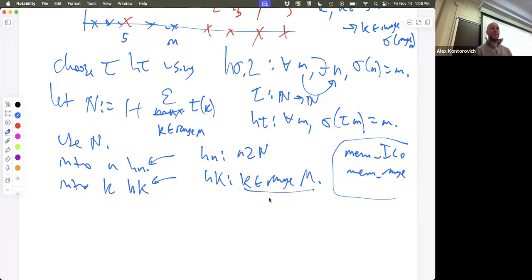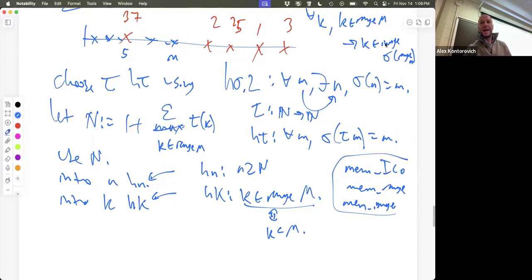k is in this range if and only if what? It's less than m. Yeah, exactly. And how about mem image? So k is in the image of the range n. Exactly.